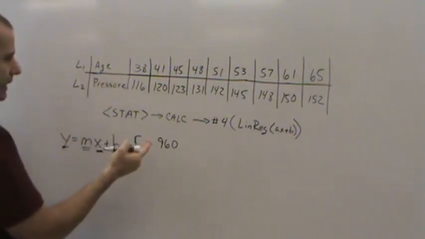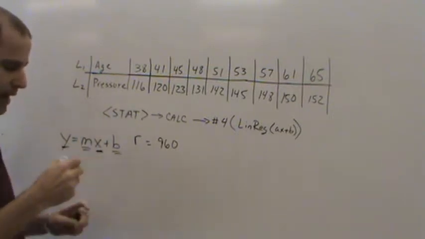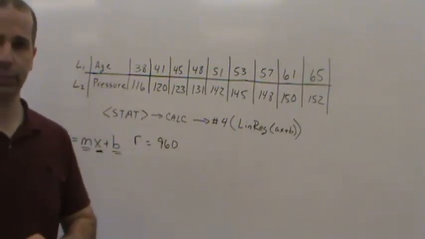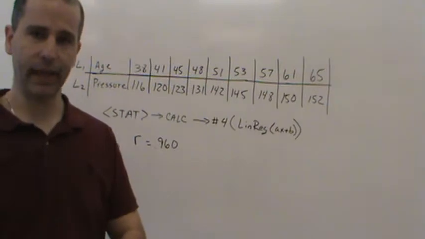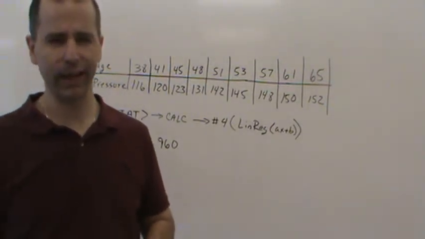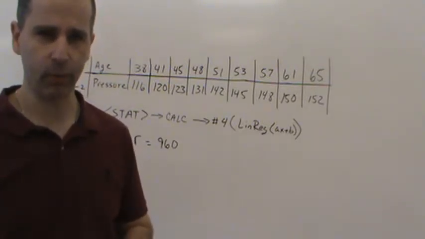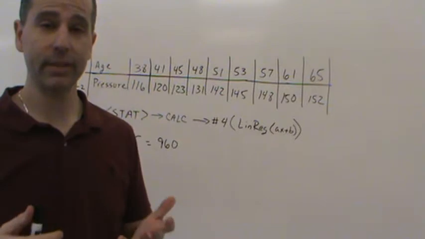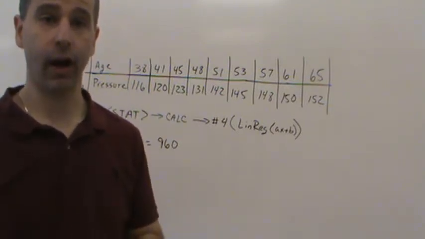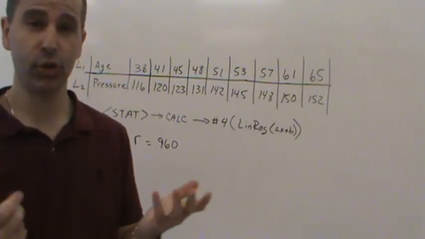Now, it doesn't make any sense to say, well, age depends on blood pressure. Does that mean that if I measure somebody's blood pressure, I can predict how old they are? No, not necessarily. That'd be kind of ridiculous because we can just ask them, how old are you, right? But if we find out how old they are, maybe we can predict what their blood pressure might be without having to do any blood tests.